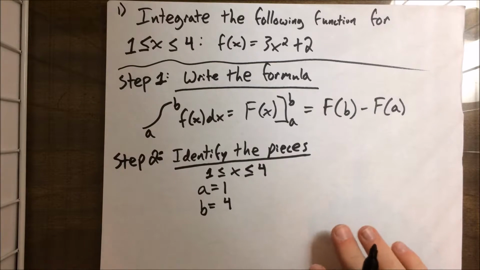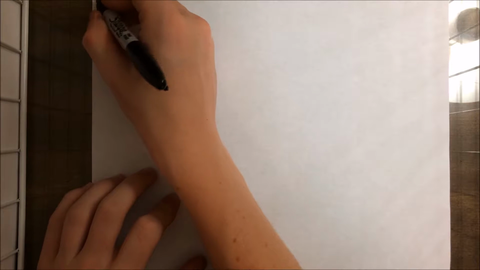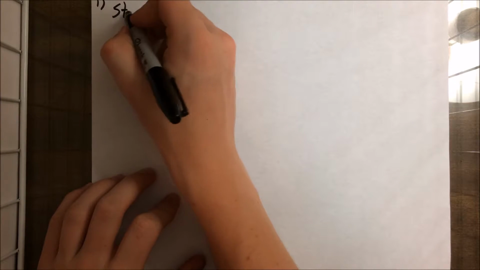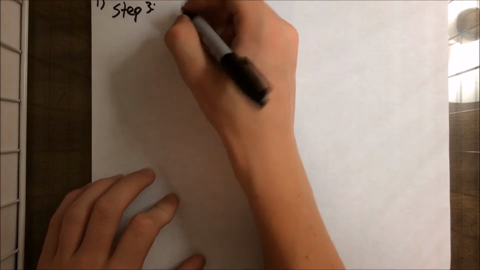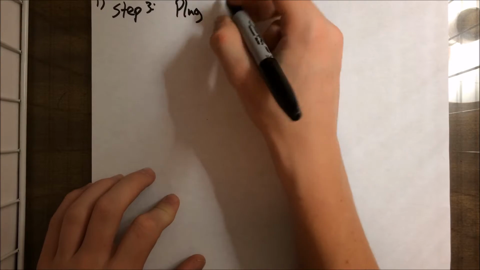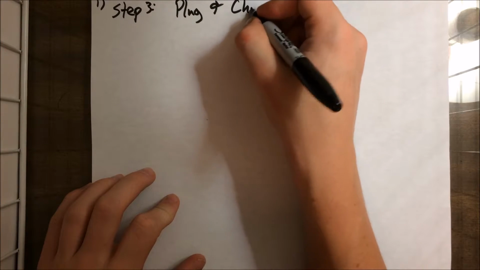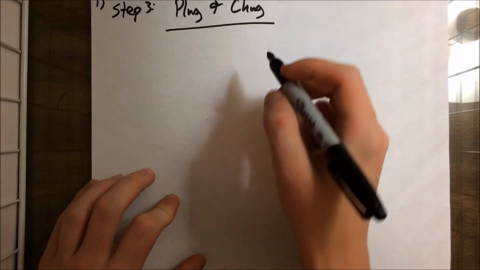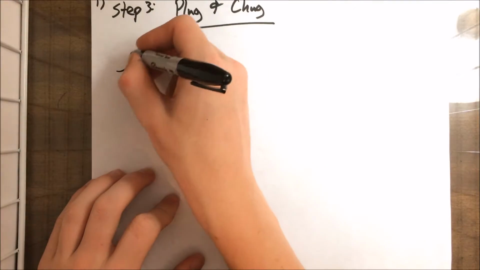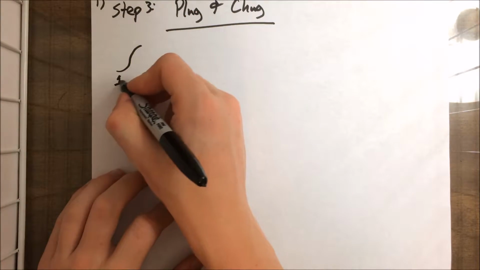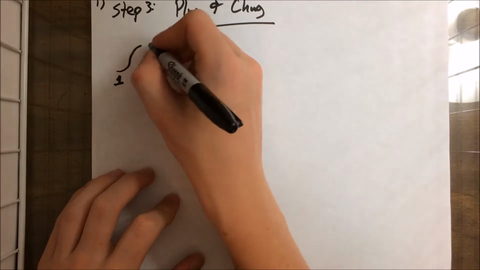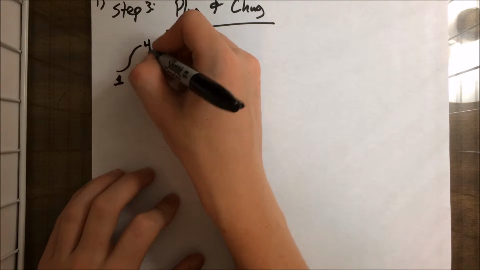Okay, so then step 3 is plug and chug. So still on example 1, step 3. Let's plug and chug. Let's go ahead and plug in our variables, or pieces rather.